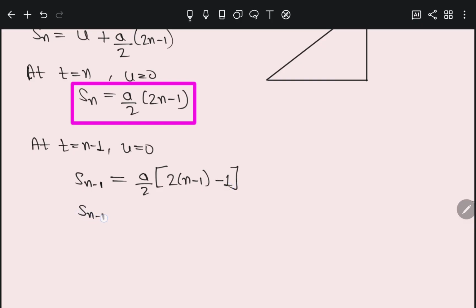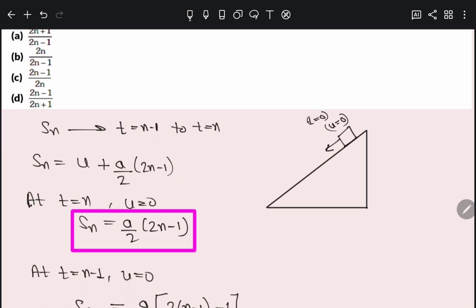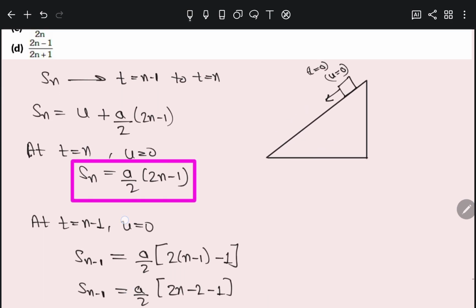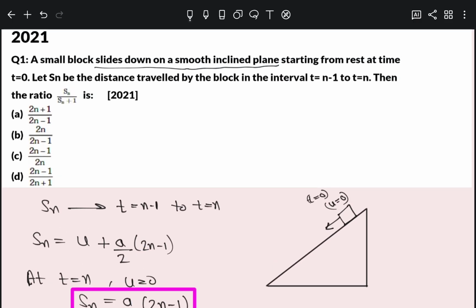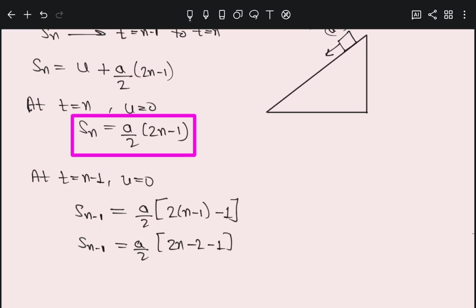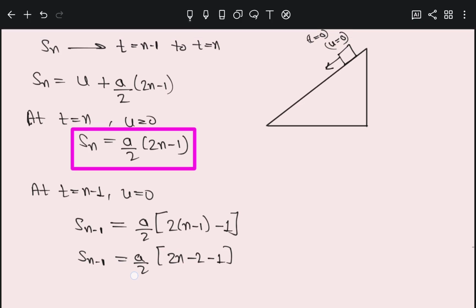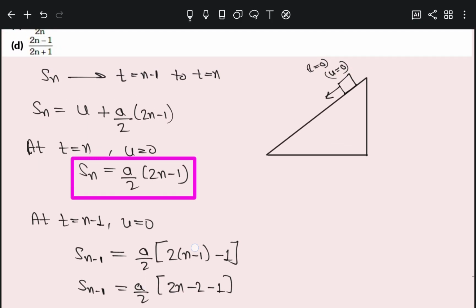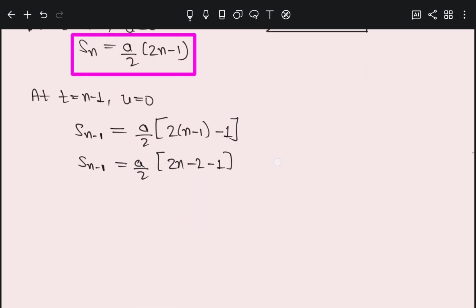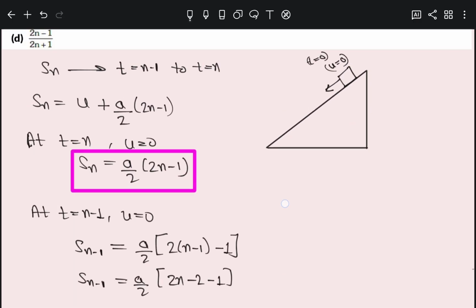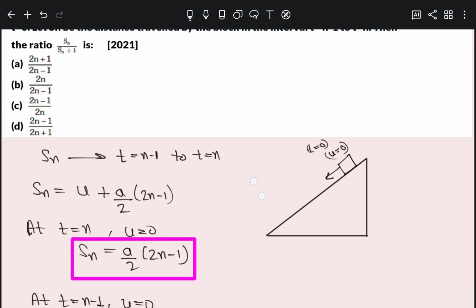So S n minus 1 is equal to a by 2 into 2n minus 2 minus 1, that is 2n minus 3, right? Am I right? Are you able to understand this? That's nice.